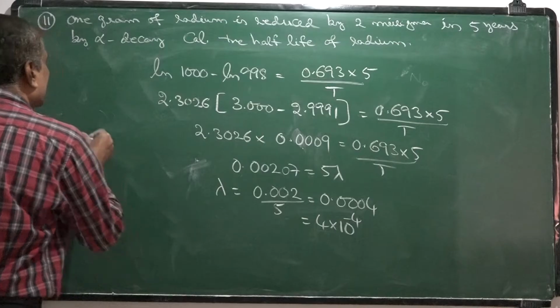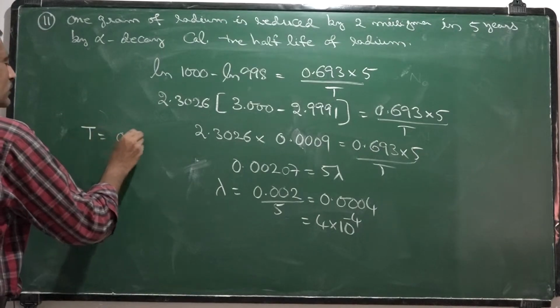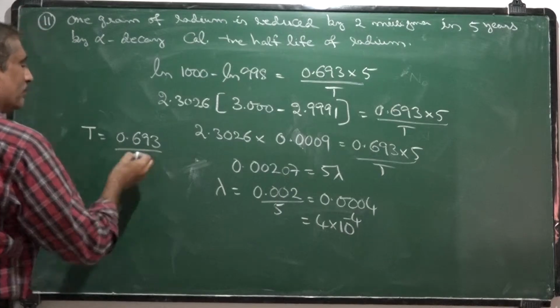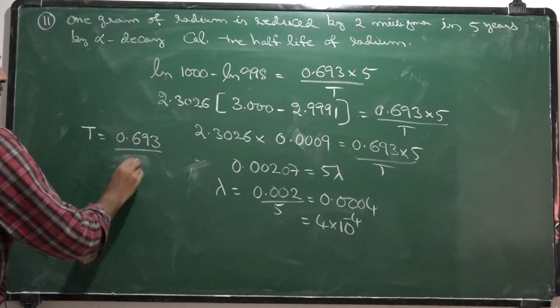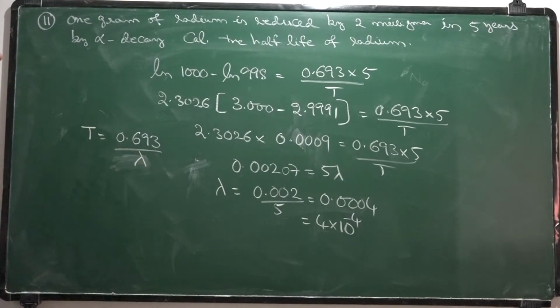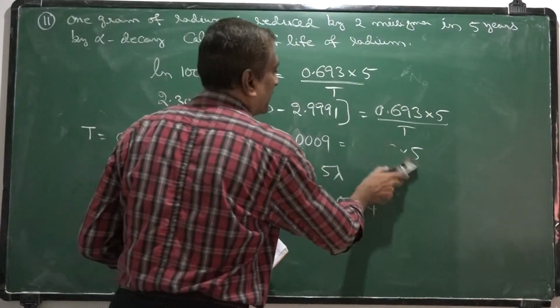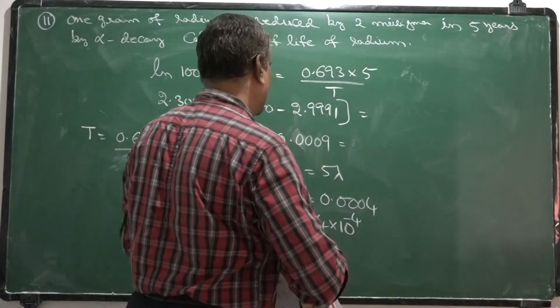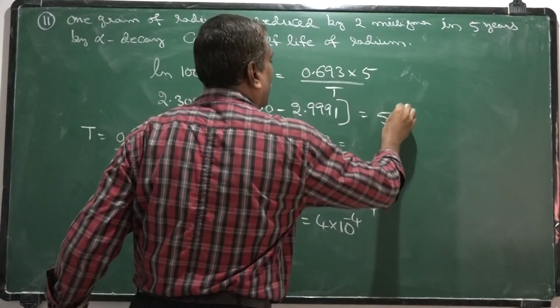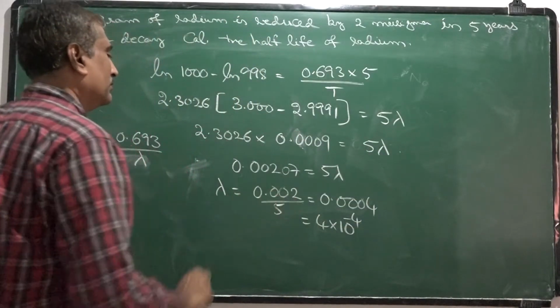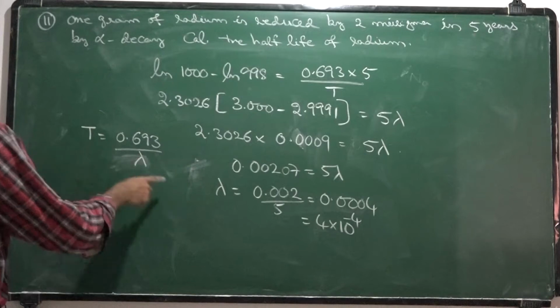So the half-life T is equal to 0.693 by lambda. Oh, sorry, one minute. This is 5 into lambda. So lambda is this one.